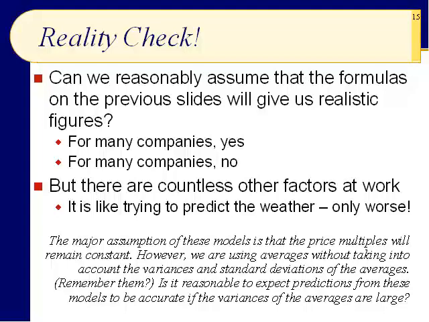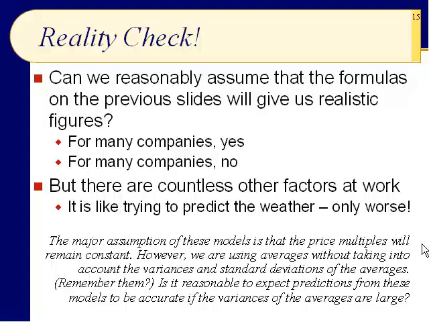The major assumption of these models, which is not necessarily a good assumption for many companies, is that the price multiples will remain constant. Remember, we used an average over the last 5 years. We are using averages without taking into account the variances and the standard deviations of those averages. Do you remember the variance, the standard deviation?